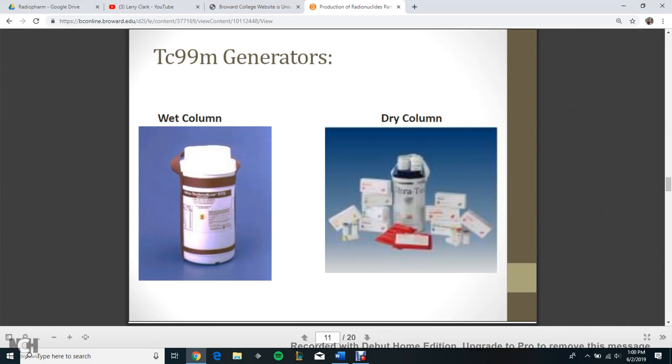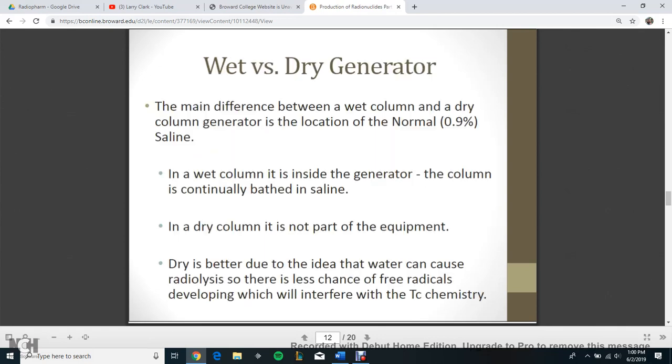A wet column and a dry column. The main difference between a wet column and a dry column generator is the location of the saline. In a wet column, it is inside the generator. The column is continually bathed in saline. In a dry column, it's not part of the equipment. Dry is better due to the idea that water can cause radiolysis.